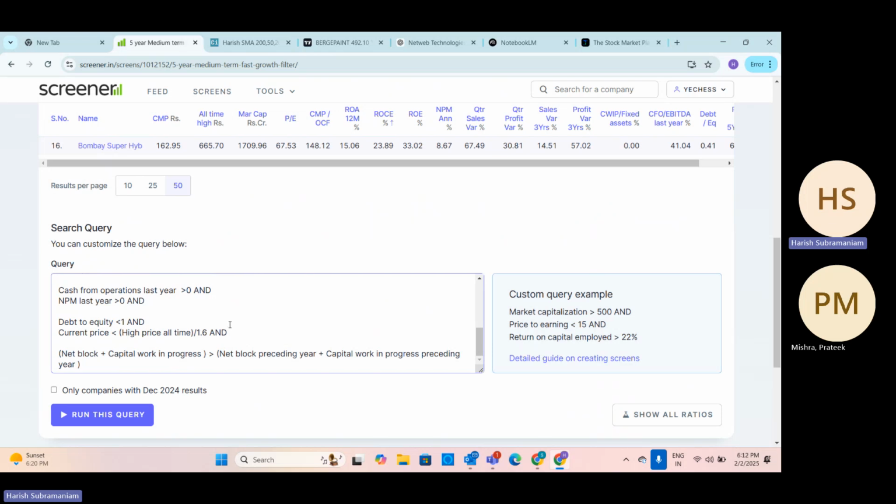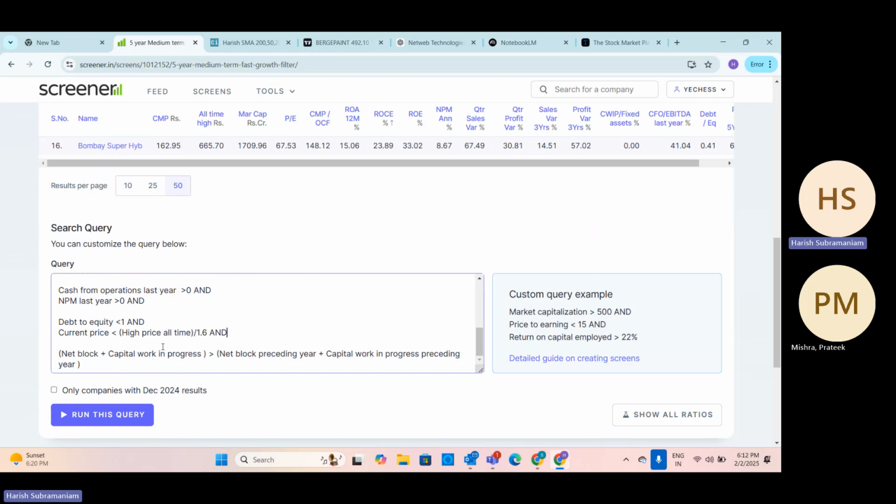It has to be at least 40% lower so that we have a good entry point. And then net block plus capital work in progress. The net block is all the long-term assets of the company, the plant and machinery and all of that, plus whatever is the work in progress.